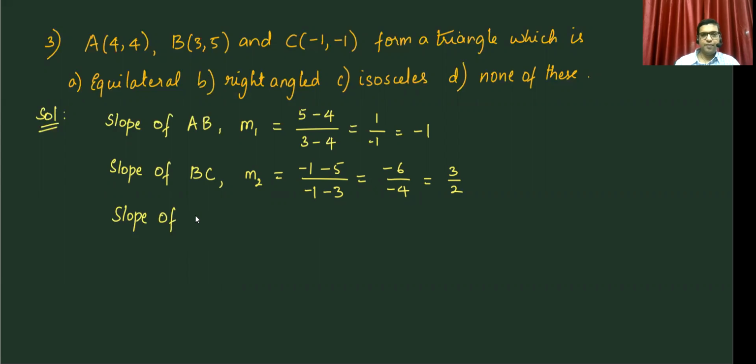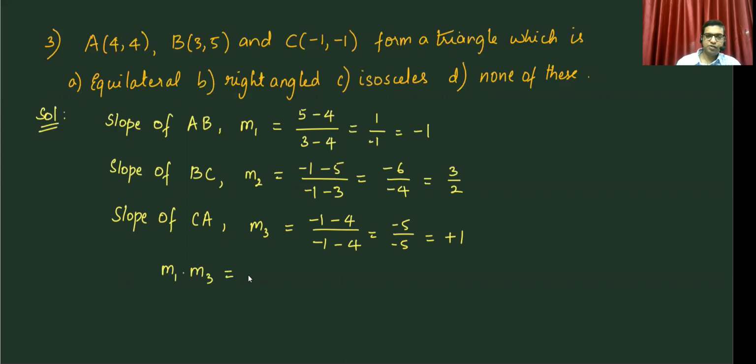Slope of CA or AC, minus 1 minus 4 by minus 1 minus 4. So it is minus 5 by minus 5, equal to plus 1. Now you observe, M1 into M3 is how much?